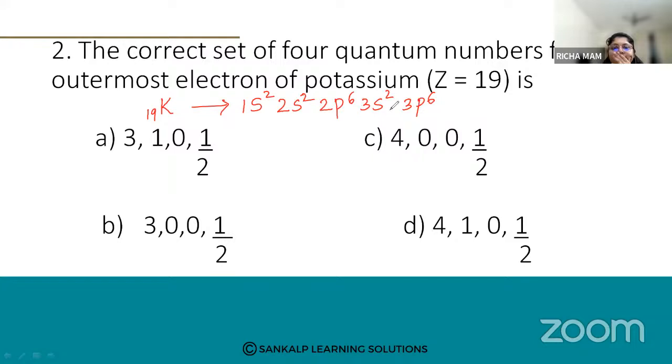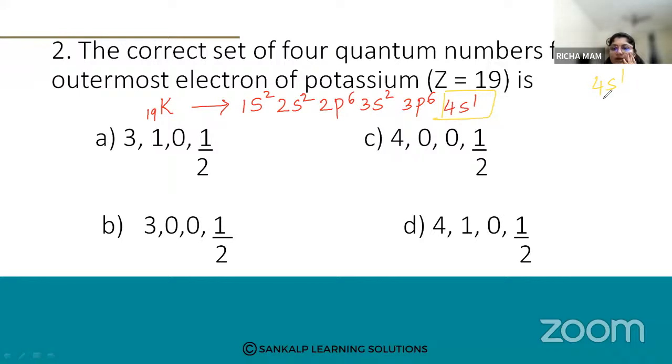Count the number of electrons: 2, 4, 10, 12, 18. One more electron will go to 4s1. So you have to write the correct set for this particular 4s1 orbital.